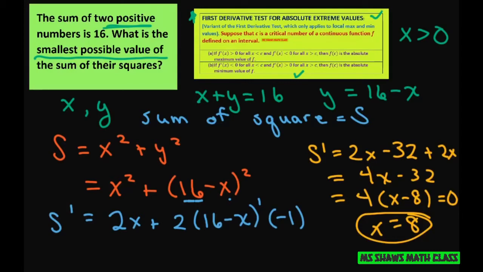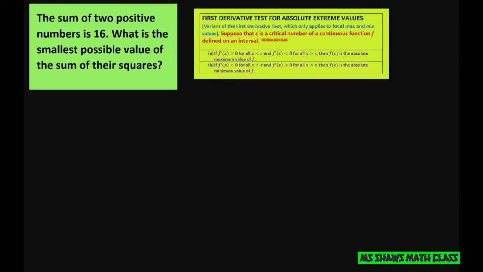Now, we need to look at our equation again, so I'm going to write it again. S prime equals 4 times x minus 8. And our critical number is x equals 8. So now we have to see if this is going to be a minimum value.